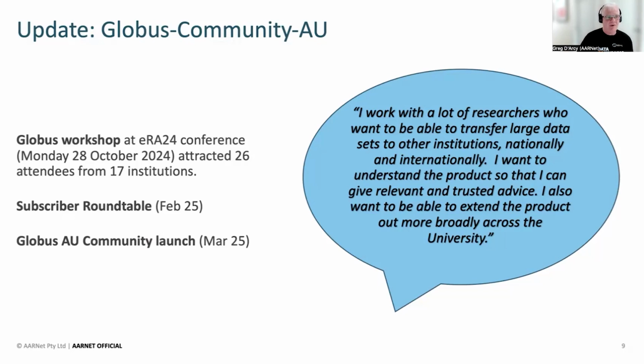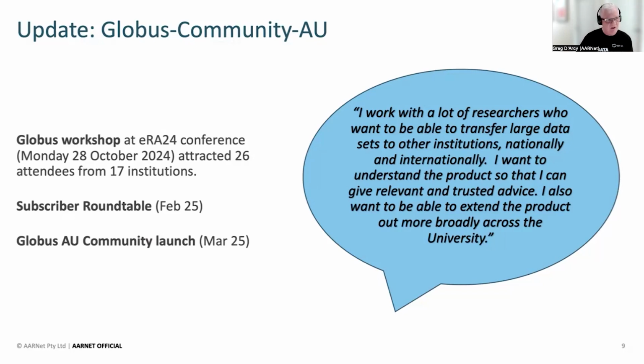We're having a subscriber roundtable, which will just be an online meeting. I'm sure some of the people on this call may have already been invited to that. We just want to bring people together to understand where the common pain points are and where we can help support and work with you on that. And also in terms of your self-managed subscriptions, just making sure everyone's across what can be done.